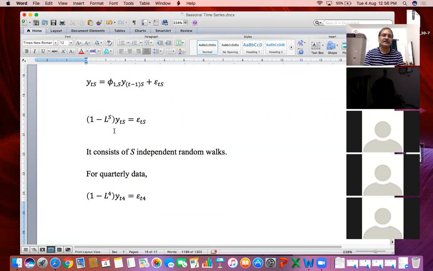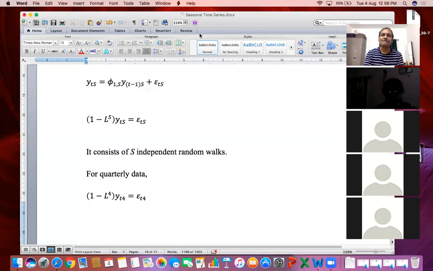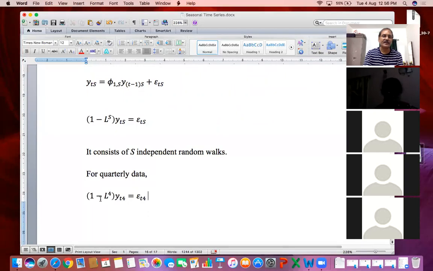So the expression becomes (1 minus L)^4 y_t = epsilon_t.